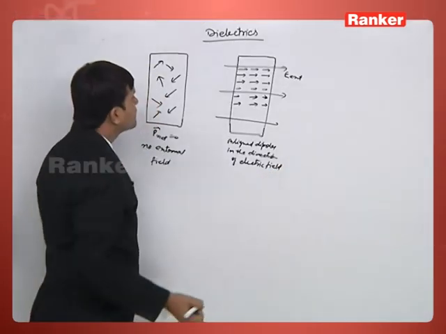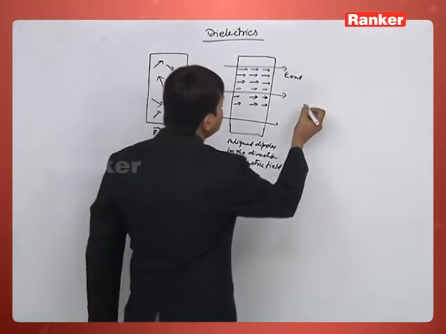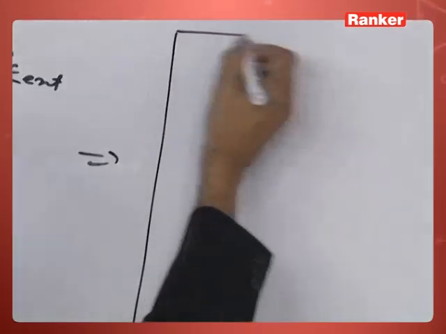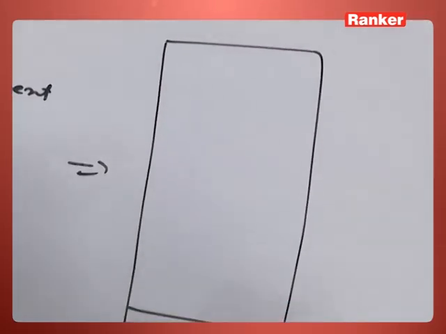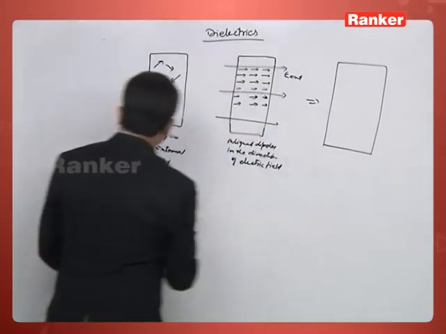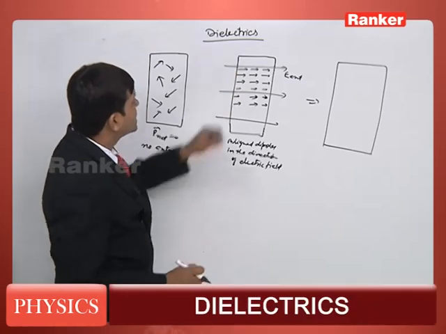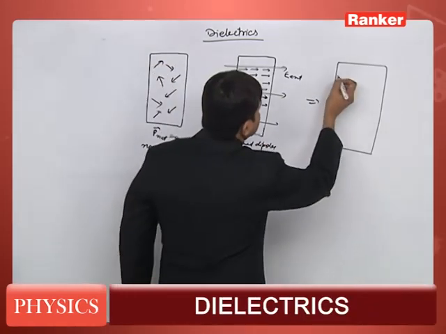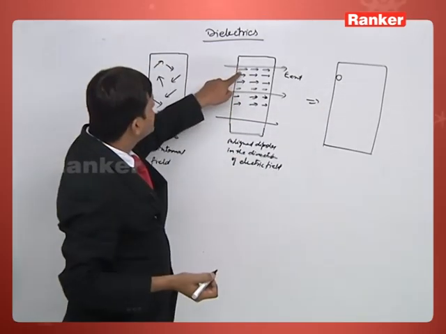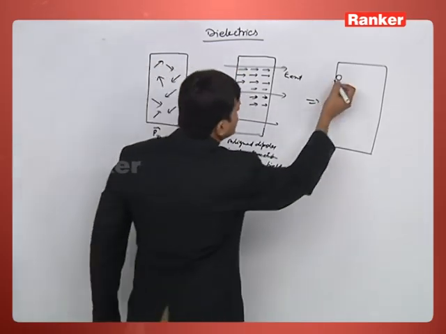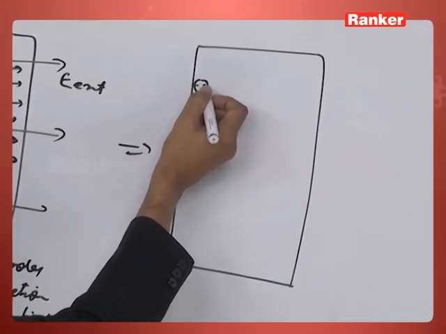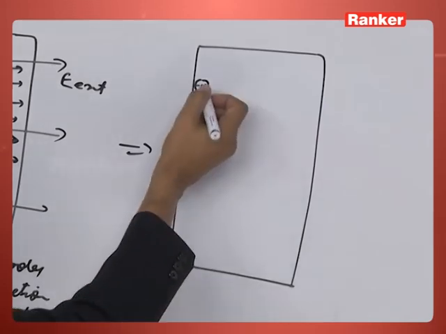What can we analyze here? What is the meaning of alignment? Alignment means these are the atoms actually. This is one atom, and one atom means dipole moment in this direction, which means the negative charge will be somewhere here, because the direction of dipole moment is from negative charge to positive charge.